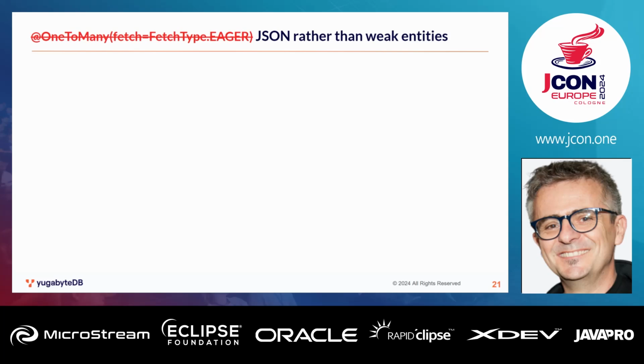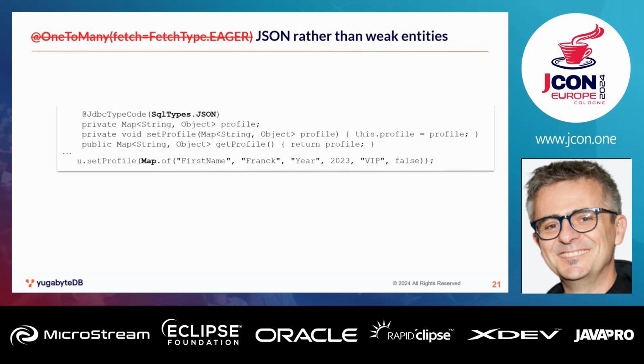In SQL databases, you can put documents as a JSON. So if there are more details that always come with an entity, maybe it's better to store it as a document without having to join and thinking about lazy or eager fetching.